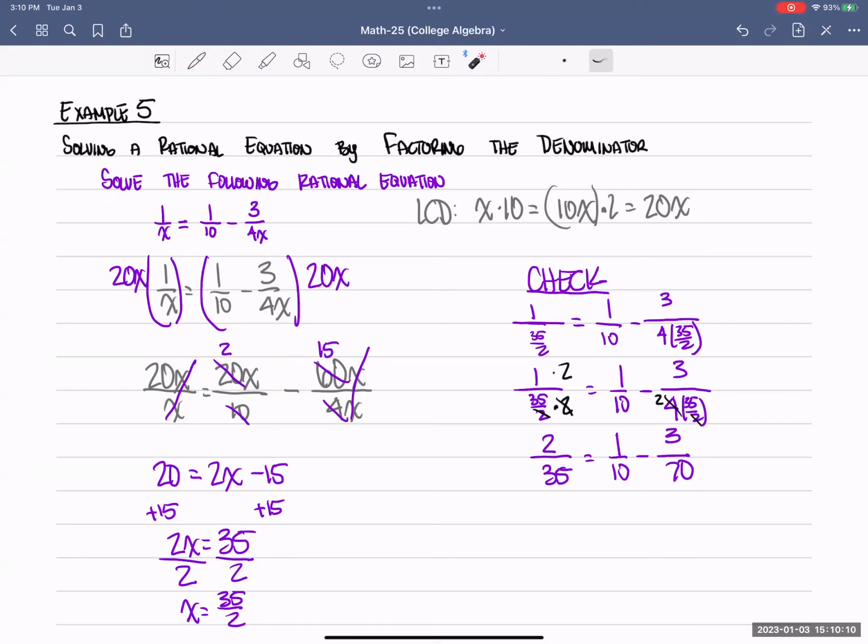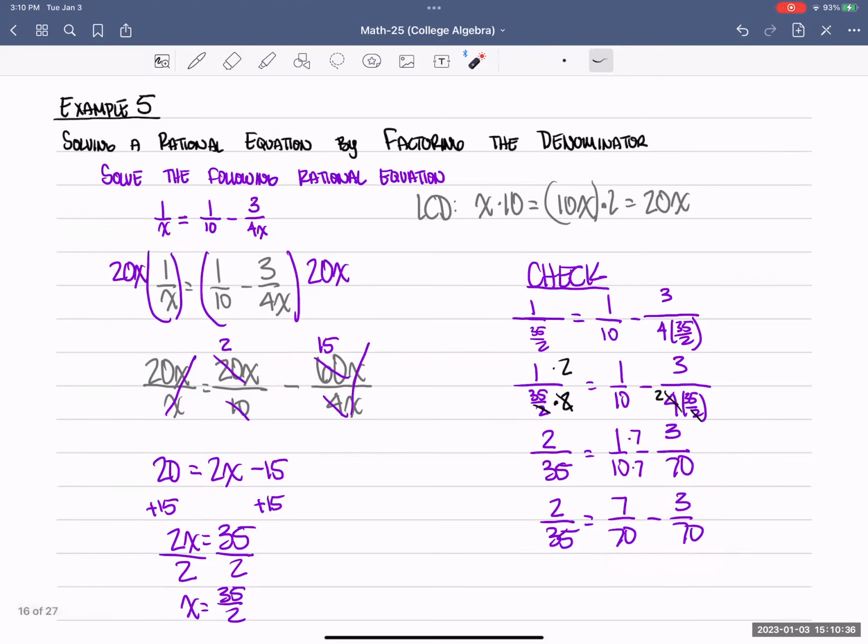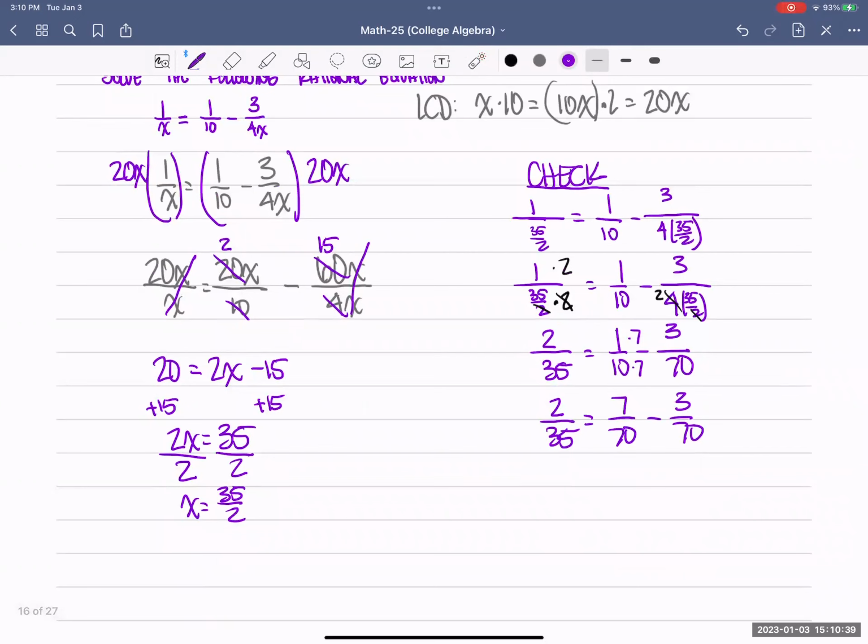Now on the right side, we need to rationalize these so we can add them together. There we can multiply by 7, that's going to give us 70. So 2/35 equals 7/70 minus 3/70. Now that we have the denominators exactly the same on the right side, we can subtract across the top, leaving us with 7 minus 3 is 4/70.